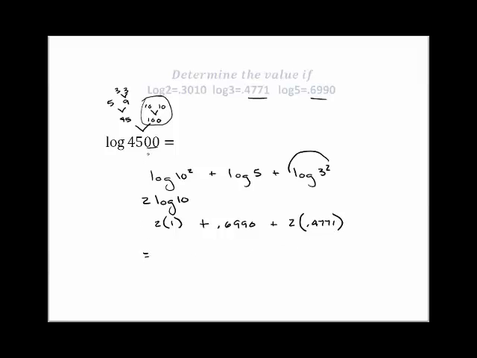So log of 4,500 breaks down to an equivalent value of 3.6532. Isn't that interesting?